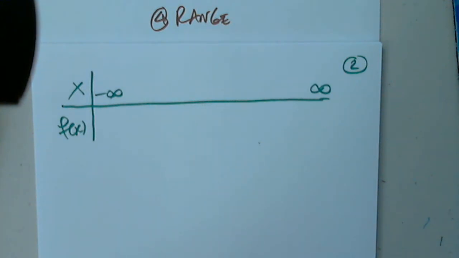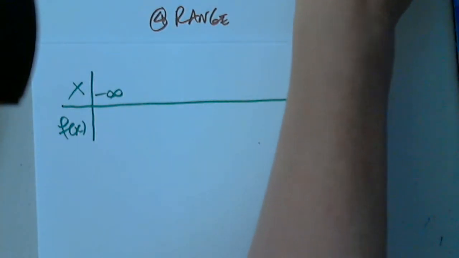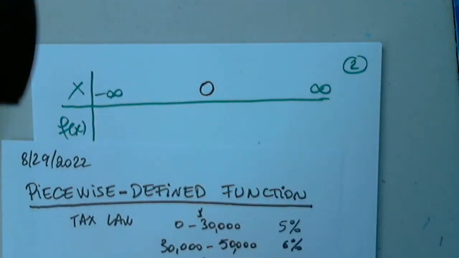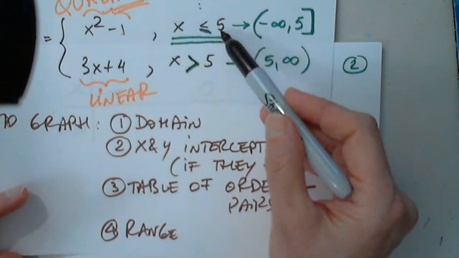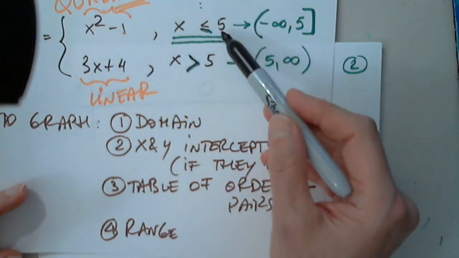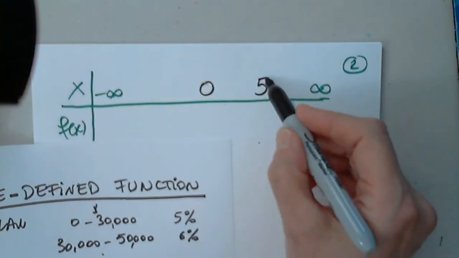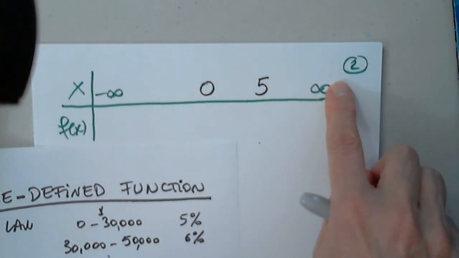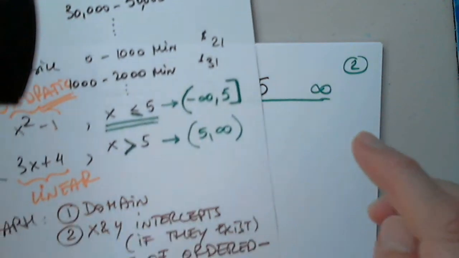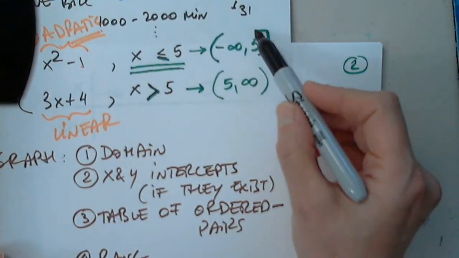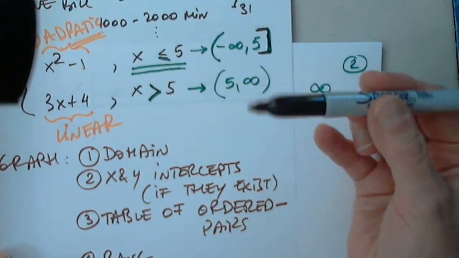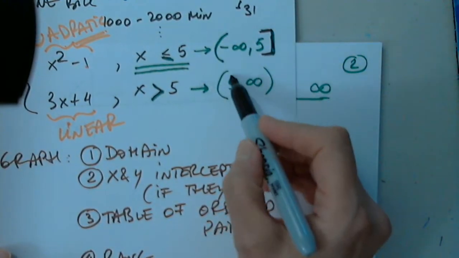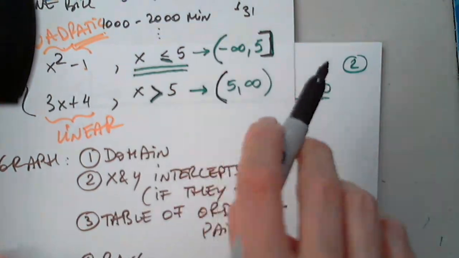Okay, so the very first thing that I need to put in my table is 0, of course. And the second one, which is extremely important, is 5. Notice that everything has to be in the correct ascending order. Okay. Next step. I notice that there is a bracket facing this way under 5 and a parenthesis facing this way.